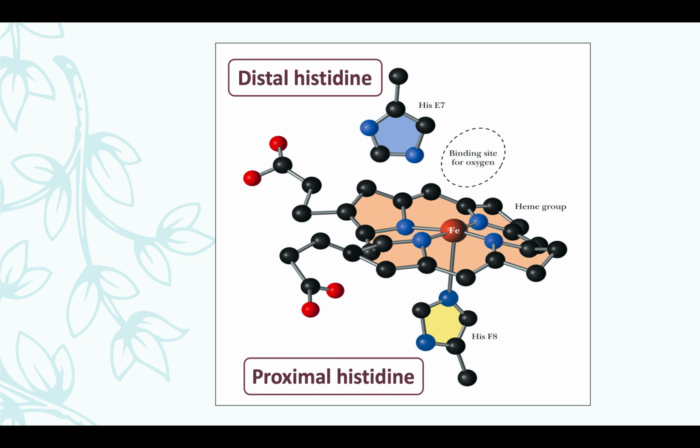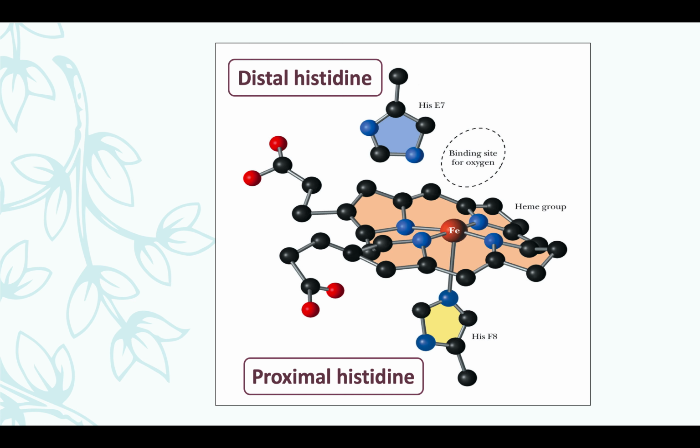But remember, the reason it sits above the binding site is because your protein folds. Same notation here: histidine E7 means that histidine is the 7th residue in helical segment E. Now, distal histidine here is not bonded to the iron or to any part of the hydrophobic pocket bonded to the heme group.